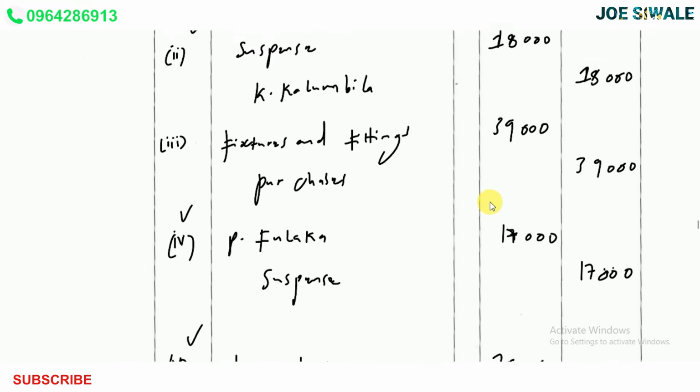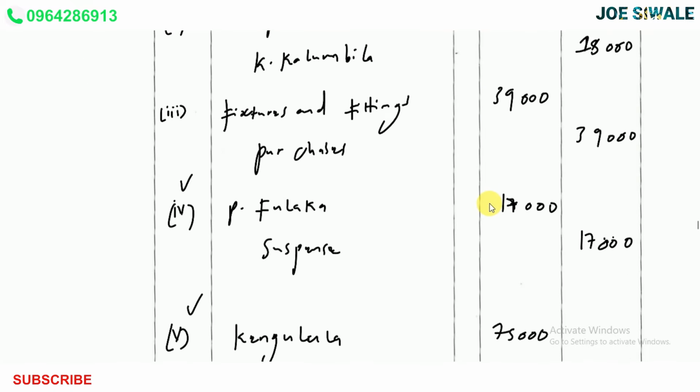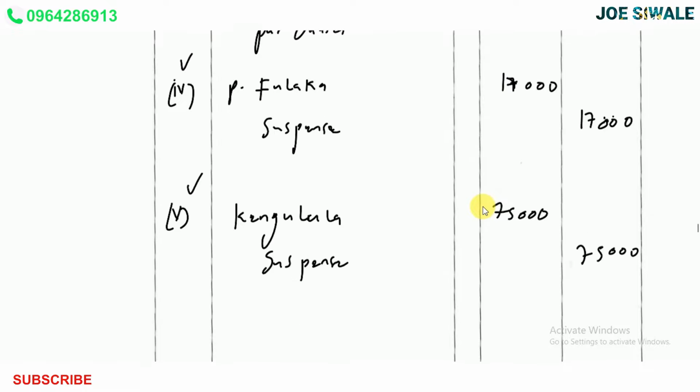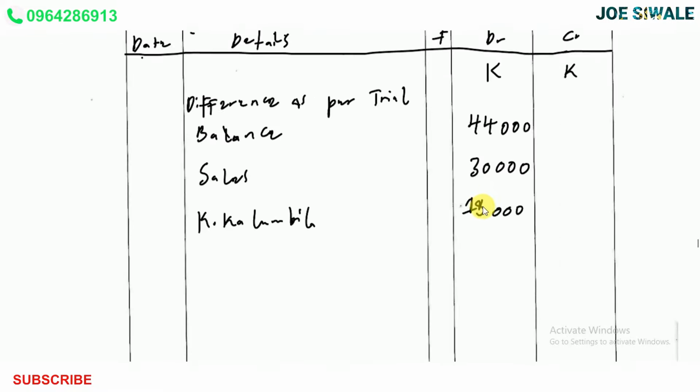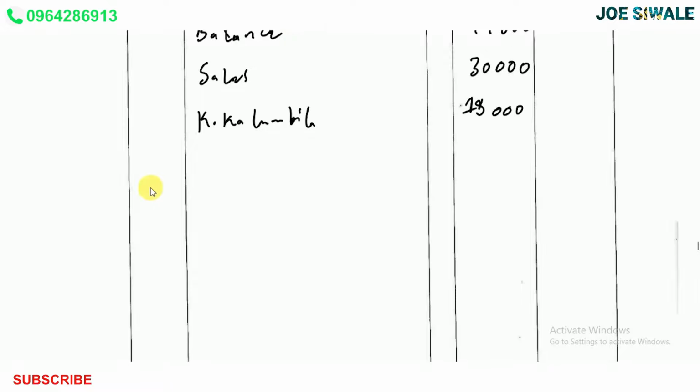The other transaction that is affected is Roman numeral 4 of P Fulaka, and the suspense account is shown on the credit side. So in our details there, we're going to say P Fulaka, and since the balance is on the credit side, we're going to record 17,000 on the credit side.